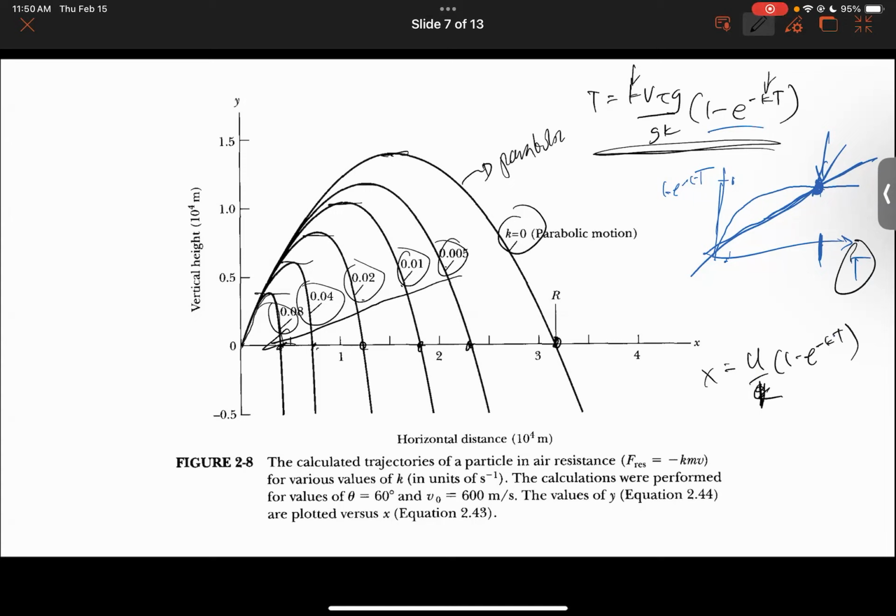Palitan mo ulit yung K, gawin mong 0.01, solve for T, and then plug it here. And then palitan mo ulit yung K, solve for T, and then plug it here. So makakakuha ka ng maraming values ng R.